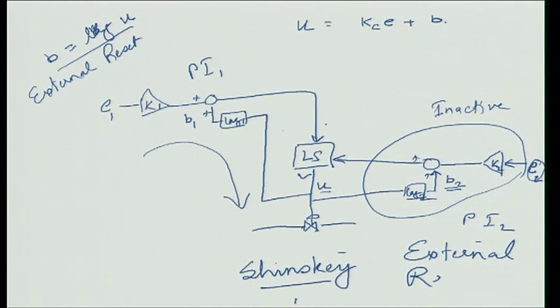So, when you take the reset from the control signal that is implemented, then if this is U1 and this is U2, you make sure that U1 minus U2 is essentially of the order of k times E, of the inactive controller.